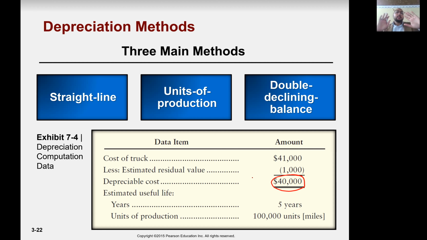Once we paid, it cannot be recovered, because we are going to use that truck for 5 years to generate sales, or it will help us generate sales. So we divide this 40,000 over 5 years, or it will last until 100,000 miles. After 100,000 miles, the value of the truck is just 1,000, and if we want to sell this truck, it is going to be sold for $1,000.